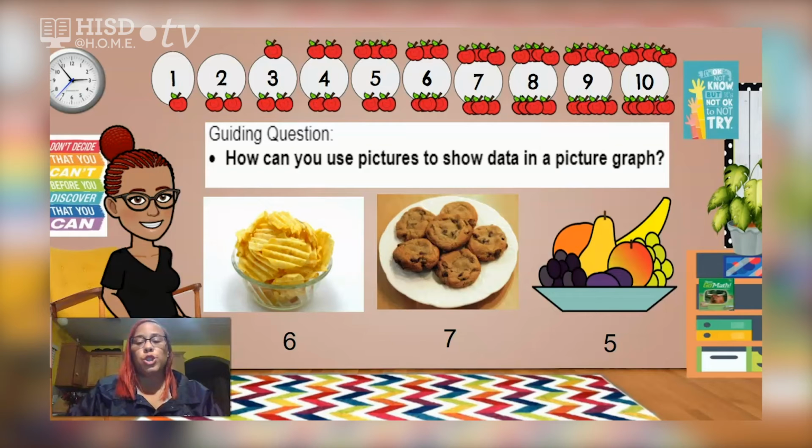And 5 students chose fruit. How could we use these pictures to show the data that we collected?